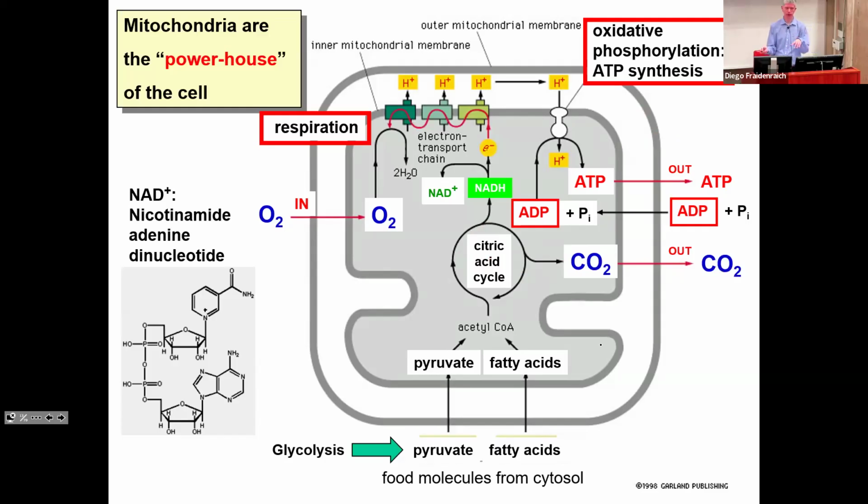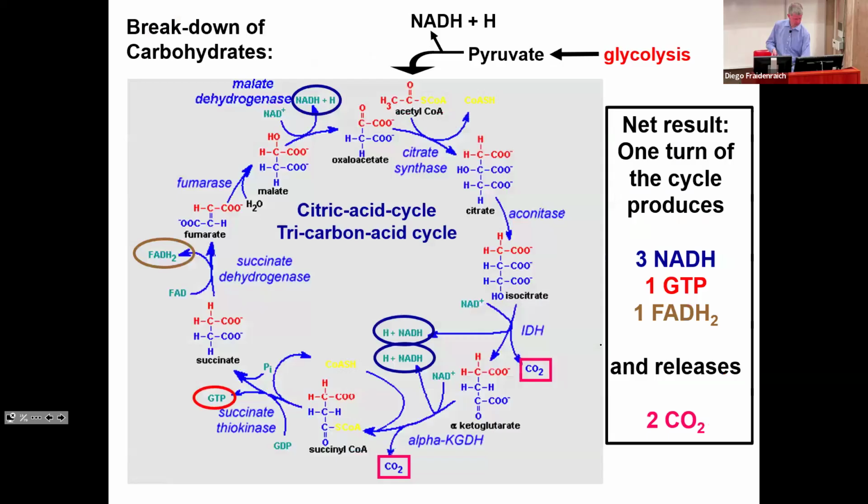So this is some kind of balance. Okay, I think you heard about this in Fundamentals A. The TCA cycle helps to degrade the pyruvate that comes from glycolysis, and it will transfer energy equivalents to this NAD molecule.